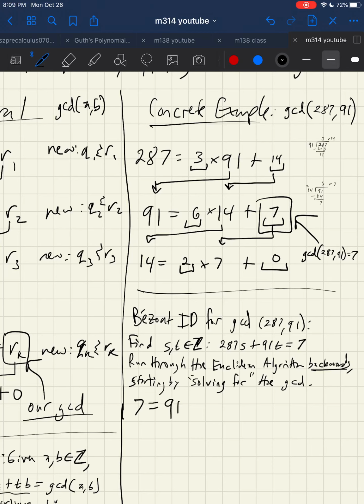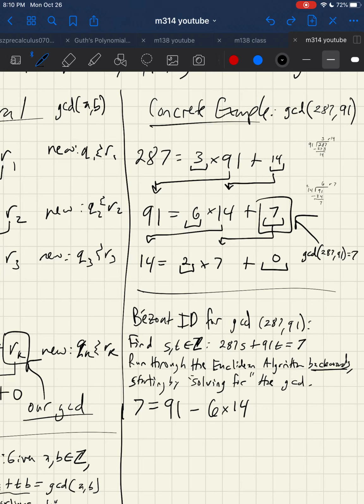So I'm going to write this as 7 equals 91 minus 6 times 14. And then I'm going to do what I call Scooby-Dooing, okay? Because I've got this 14 here, and 14 isn't 91 or 287, right? So 14, though, I can write as an integer linear combination of 91 and 287.